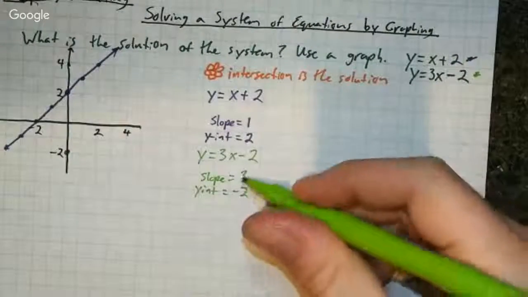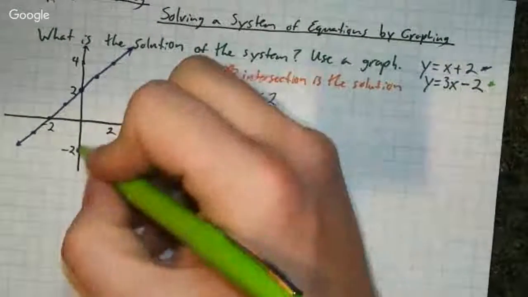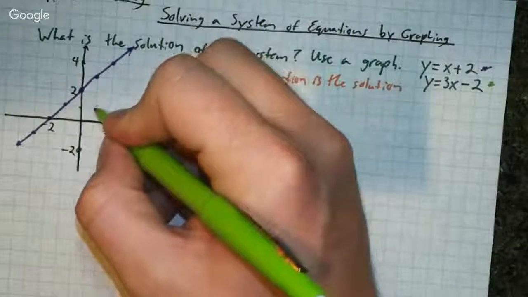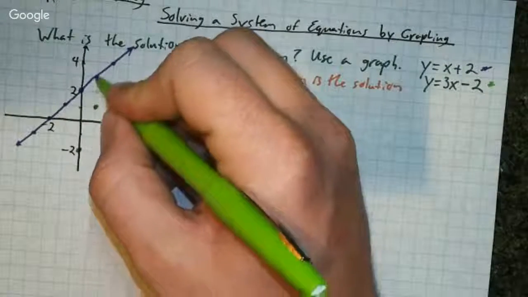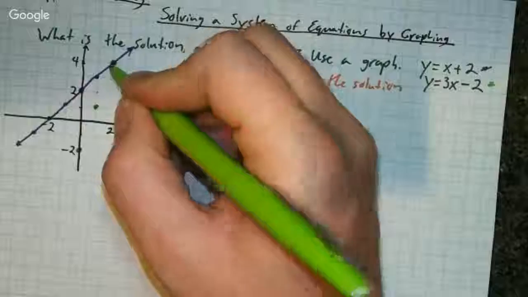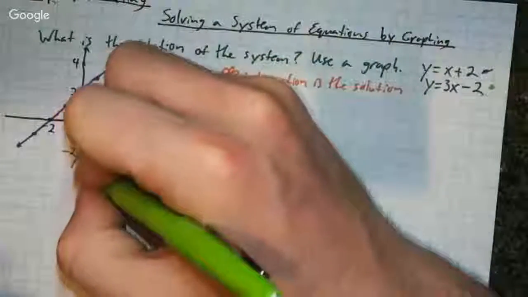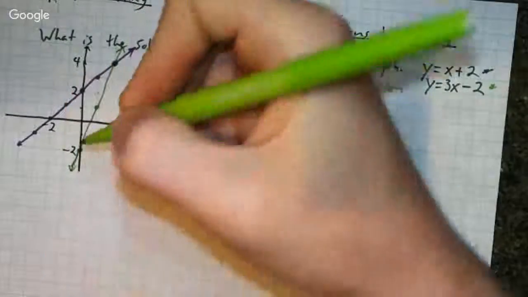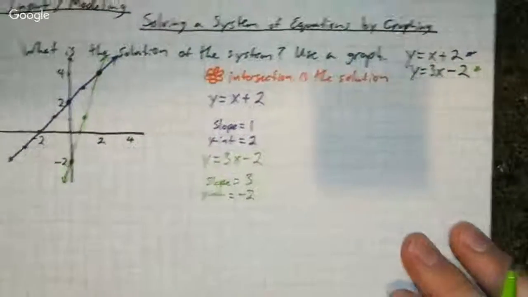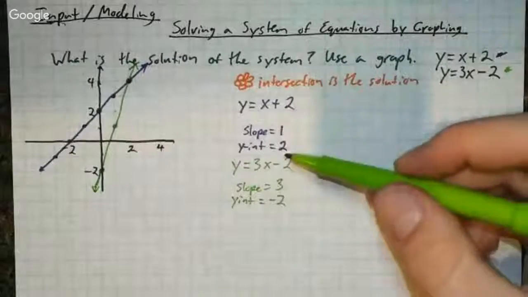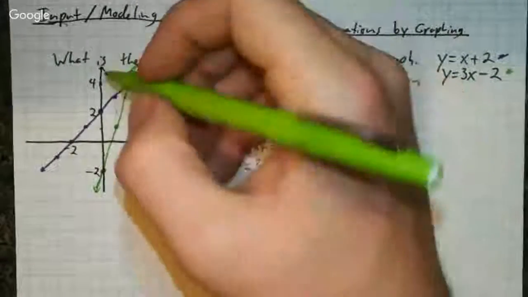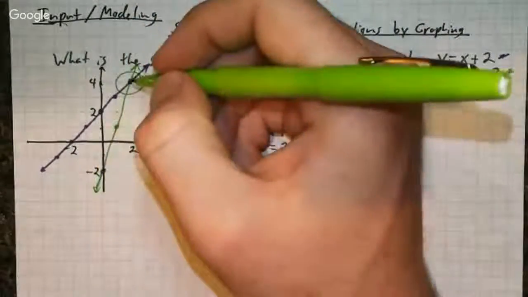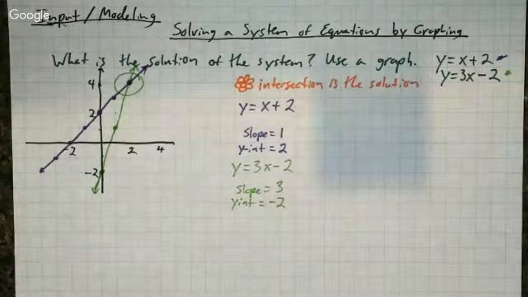My slope of 3 is up 3 over 1, up 1, 2, 3 over 1. Oh, I see an overlap. I'm going to go ahead and connect these lines. Okay, so I have the graphs of the individual equations, but I also see that right here I have an intersection.